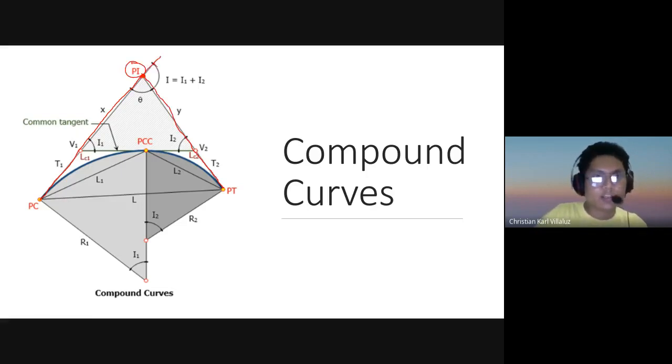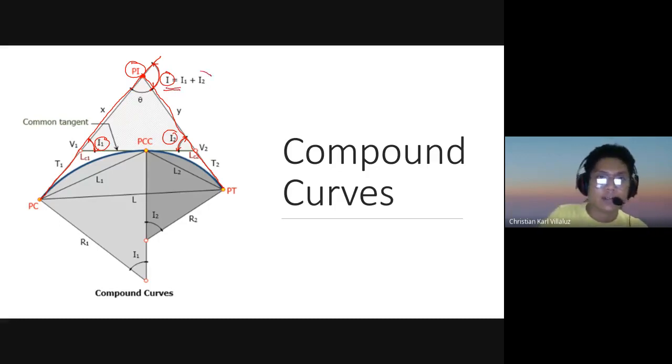So, syempre, yung angle of intersection ng dalawang tangents, meron din I. So, originally, ito yung angle of intersection ng separate simple curves. But, ngayon na compound curve na sila, na-combine sila, ito na ngayon yung kanyang angle of intersection.